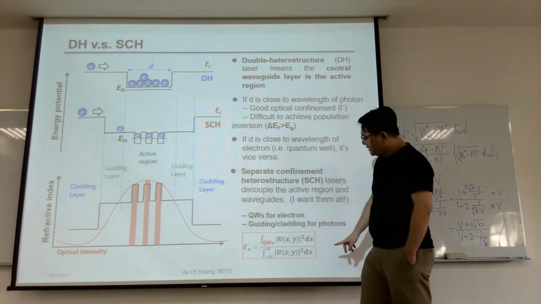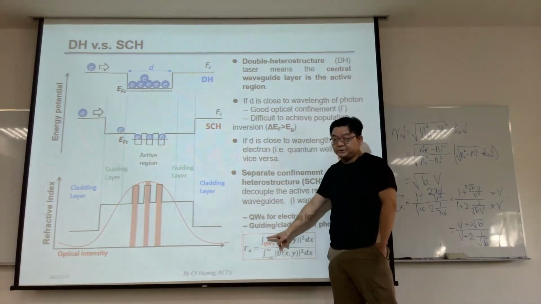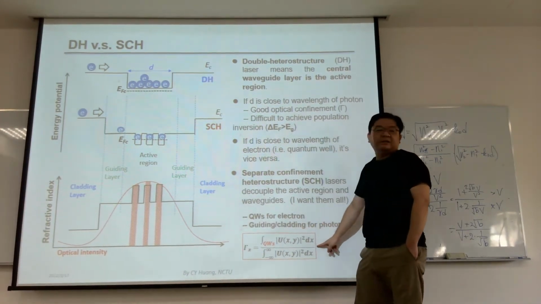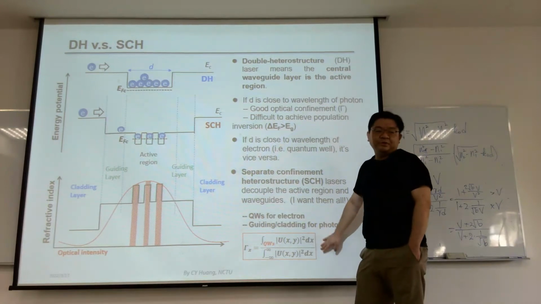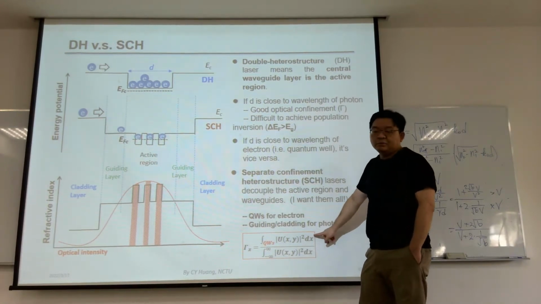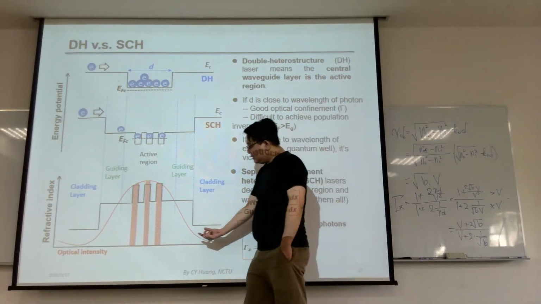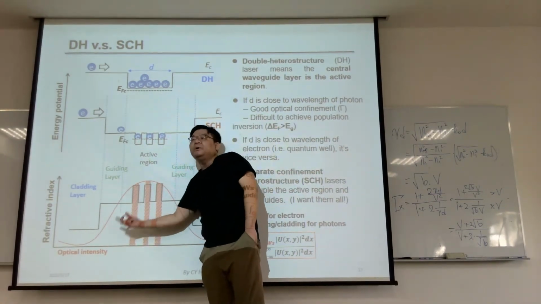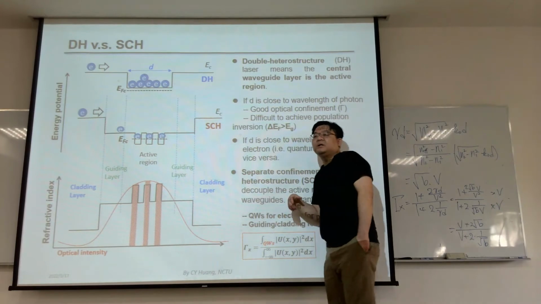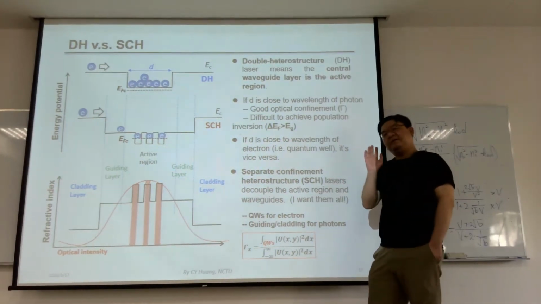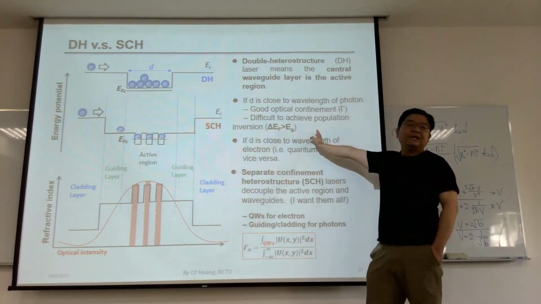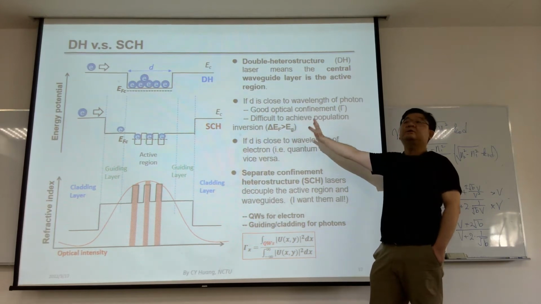So the confinement factor is reduced. It's also the division of two integrals, but the numerator only integrates over the region of the quantum wells. So the confinement factor looks much smaller compared to the DH.